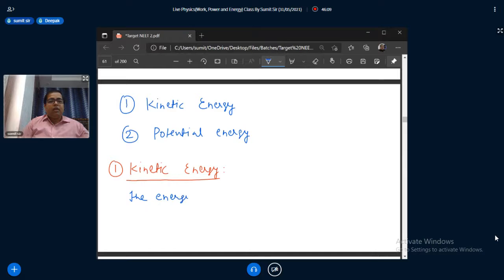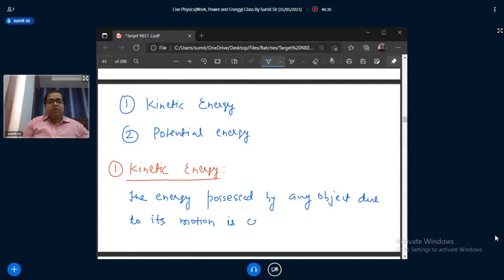The energy possessed by any object due to its motion is called kinetic energy.